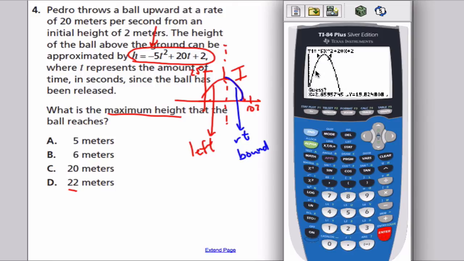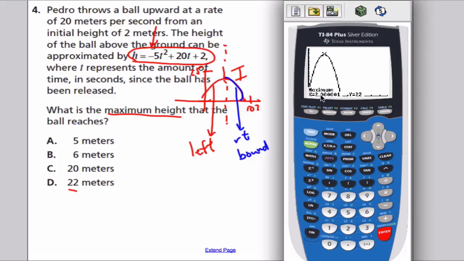Notice when you hit enter, it puts a little triangle here and a little triangle here. Now it's saying guess, and you'll say yes. It's going to take into account the equation and the points between these two triangles to determine what that maximum point is. So I hit enter, and it comes up and says your maximum is at 2, and the height of that is at 22.